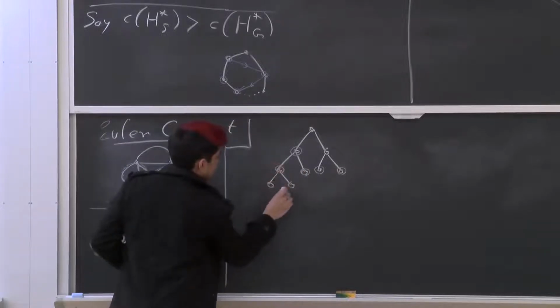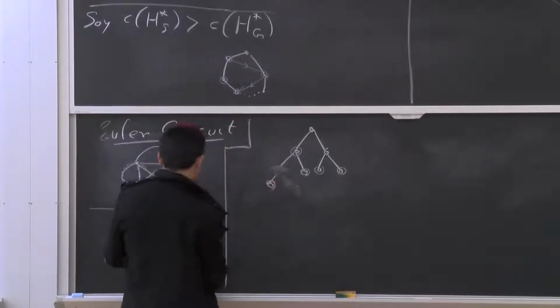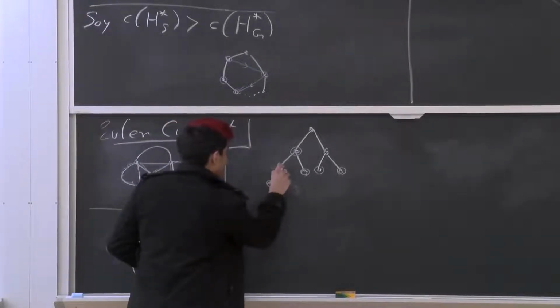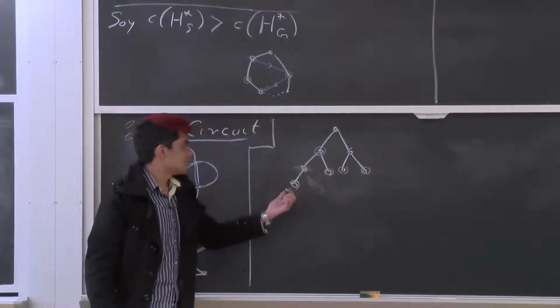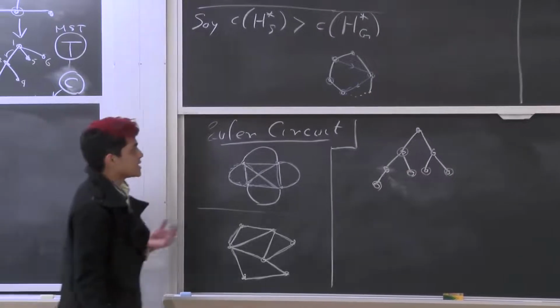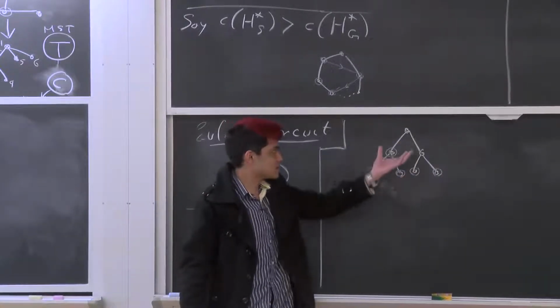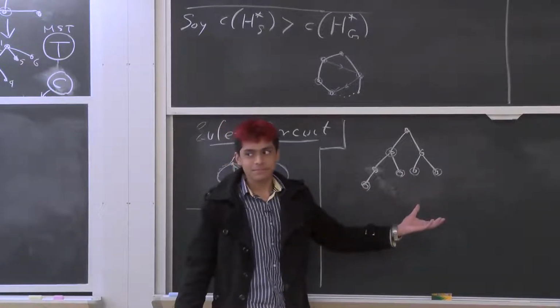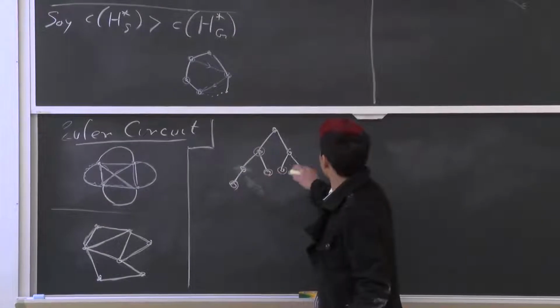This is degree 3. Actually, let's get rid of this so it does not have degree 3. Okay, there we go. So in this graph, you see that you have 1, 2, 3, 4, 5 vertices which have odd degree. So now we would like to add some edges to turn this into an Euler circuitable graph. So how do we do that? Let's call the set of odd vertices S.